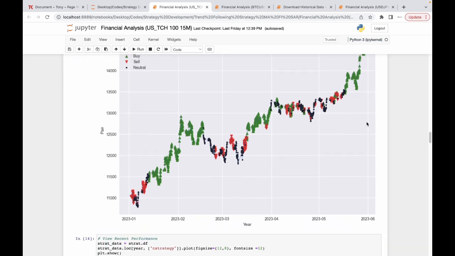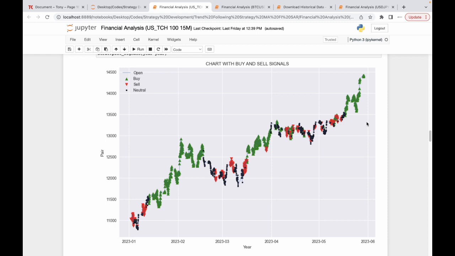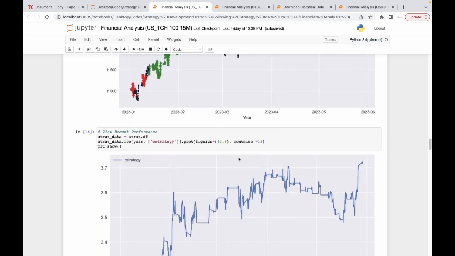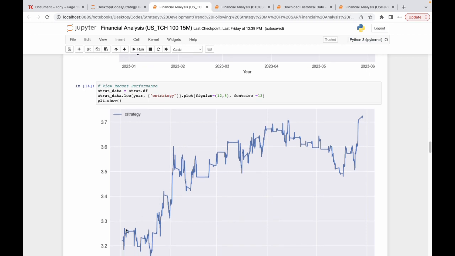So the idea is to continue holding. If it's an uptrend, we continue holding a buy condition. And as you can see, we held this trade from this point here to where it is currently at 14,500 approximately. And you can also see the performance here as well of our trading strategy.